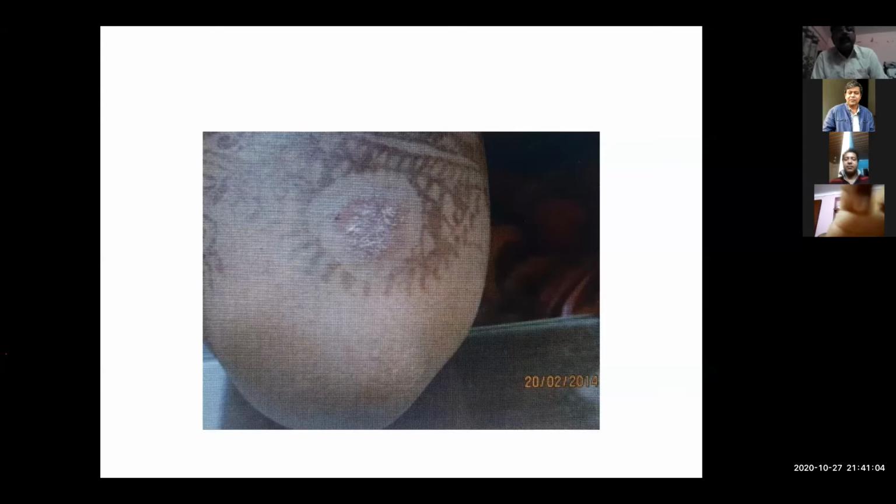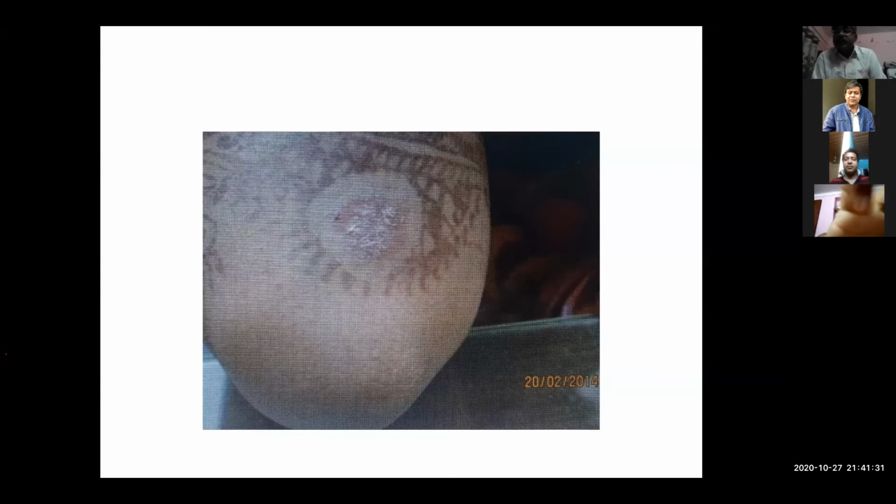Just within 2 to 3 weeks of marriage, she was accompanied by her husband to my clinic, and they were both a bit downhill psychologically, a bit on the back foot, because just immediately post-marriage, within a couple of weeks or 3 weeks, she had developed this particular lesion. They were quite apprehensive and were asking me, doctor, what is it? Still, the marks of the mehendi were visible, hadn't been wiped out yet.